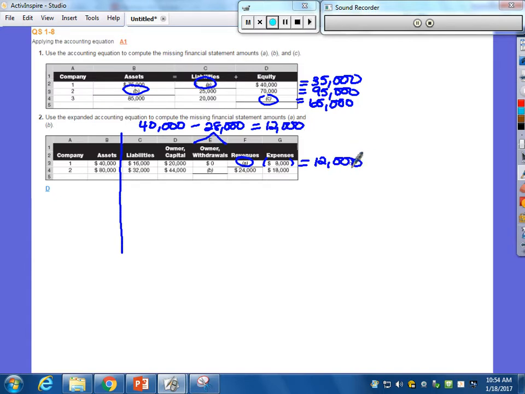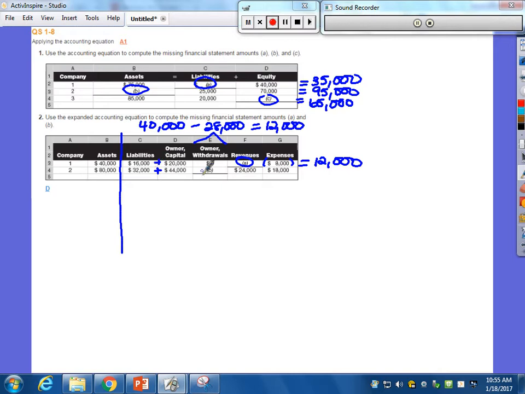Then for number two, we know ultimately this side needs to equal 80,000. So going from left to right, 32,000 in liabilities plus owner's capital of 44,000 equals what? 76,000.